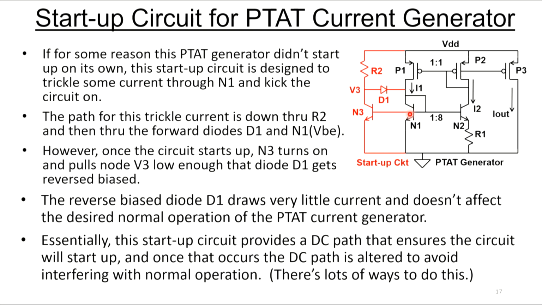So really, essentially what you're doing is you're providing a DC path that ensures that the circuit's going to start up. However, once startup occurs, we're altering the path to avoid interfering with the normal operation of the circuit. That just gives you an idea of what these startup circuits do. There are lots and lots of ways to generate these startup circuits.